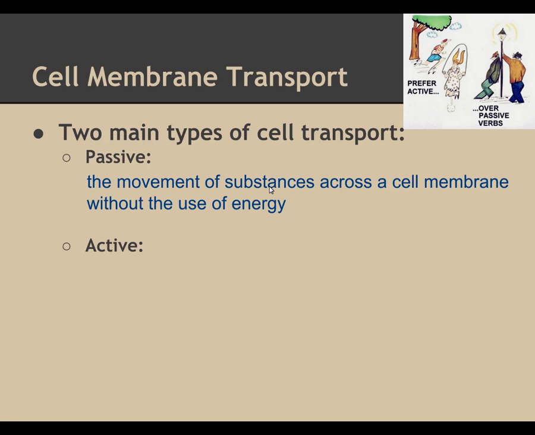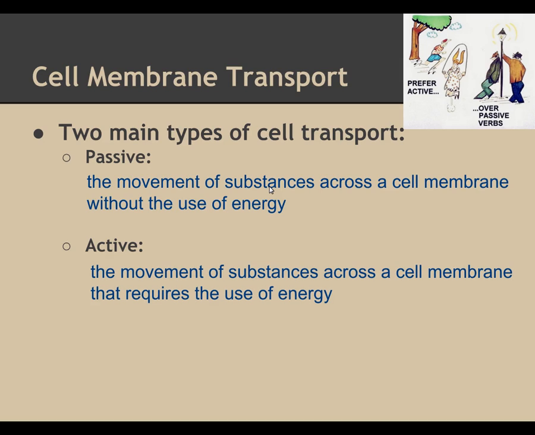And active, therefore, would be the movement of substances across the cell membrane that requires the use of energy. We're going to talk about exactly what this energy is in a few moments. So passive uses no energy, active uses energy.